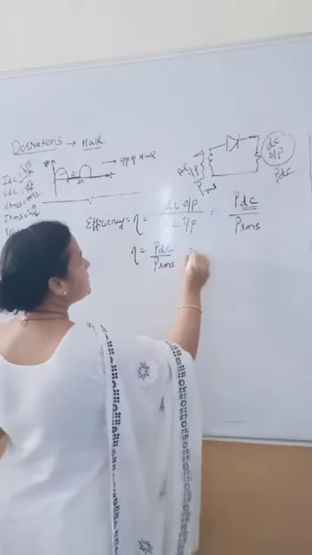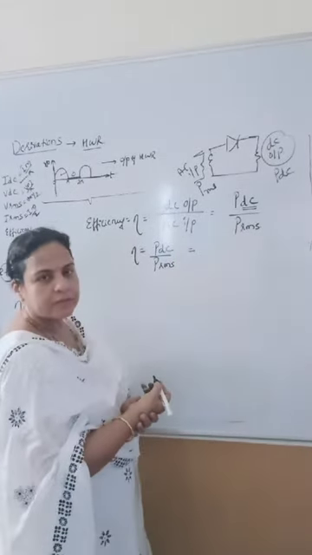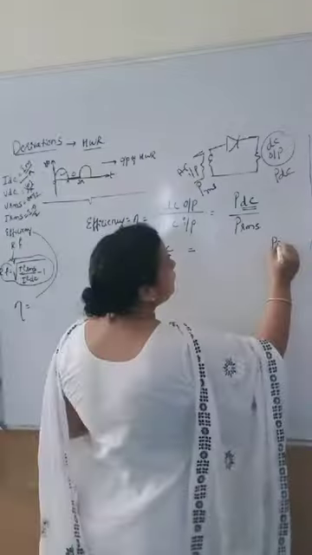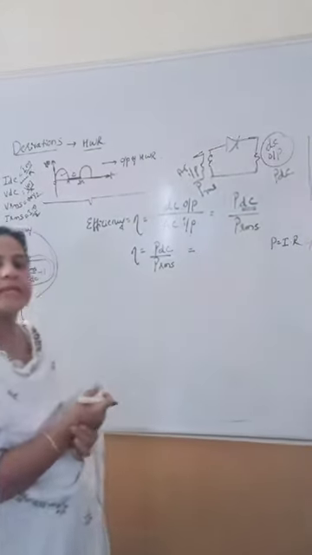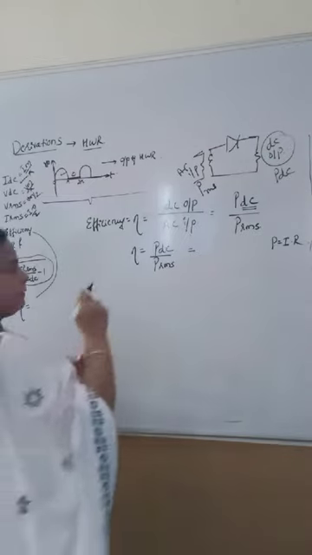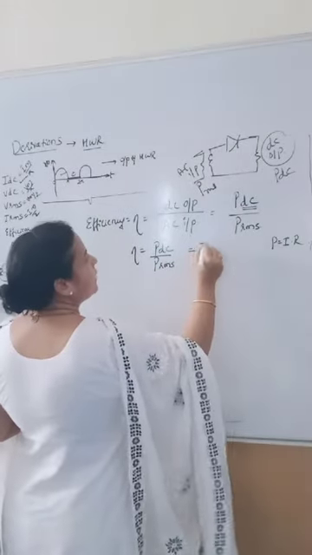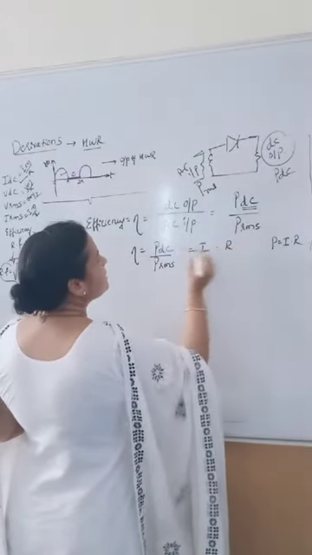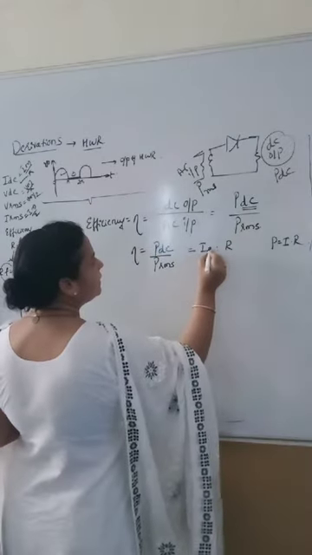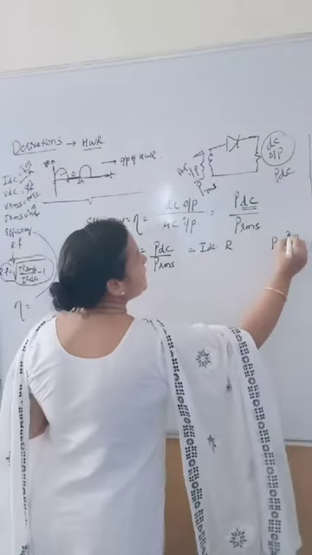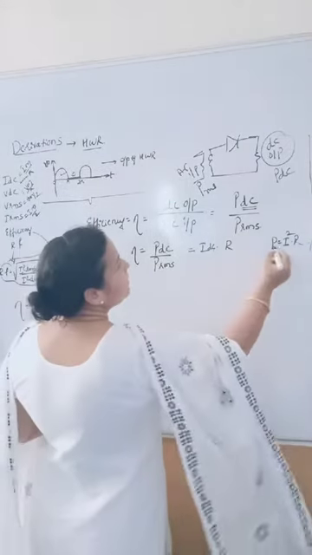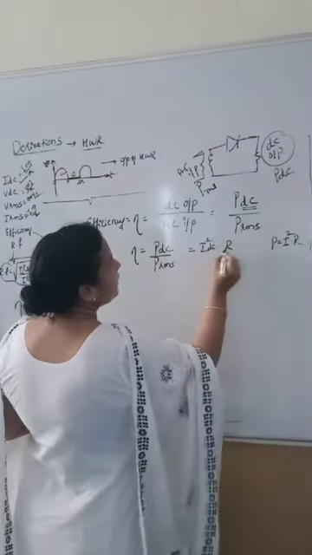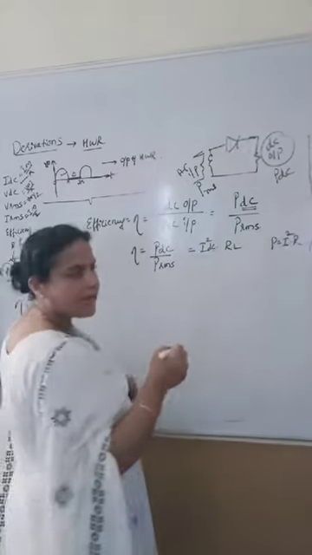Again, write this PDC in terms of P. There are so many equations for P, but we will write P is equal to I square R. Which I here? IDC. So PDC is I square DC into RL.